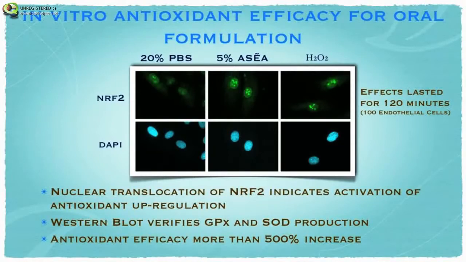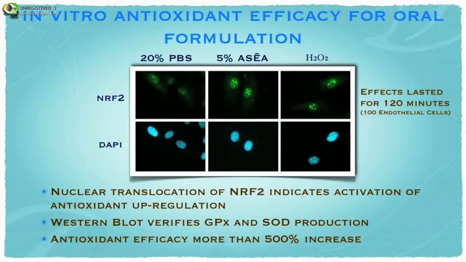But way beyond that was the next finding, and that was that there was no normal provocation of this normal inflammatory transcription factor, NF-kappa B, despite invoking the transcription factor NRF2, which increased antioxidant production. In other words, the normal mild inflammatory response that comes from the upregulation of antioxidants did not happen.